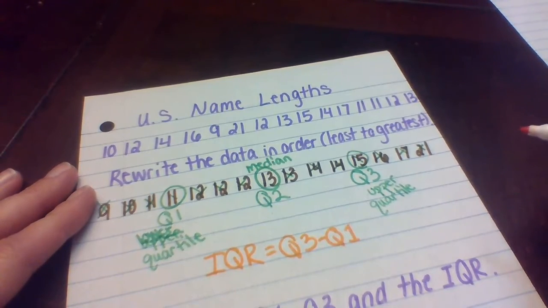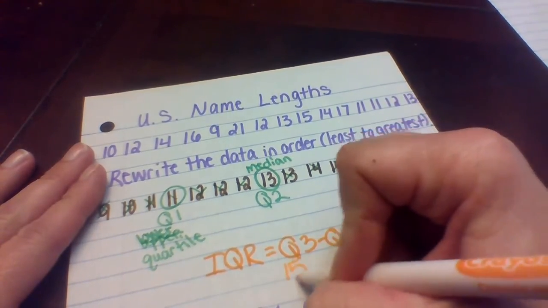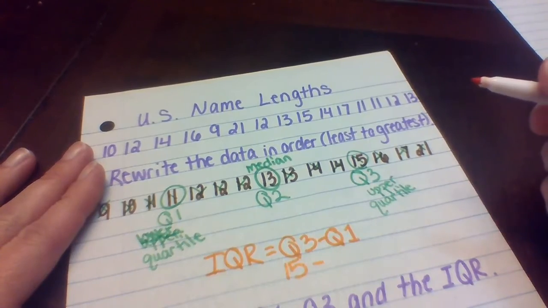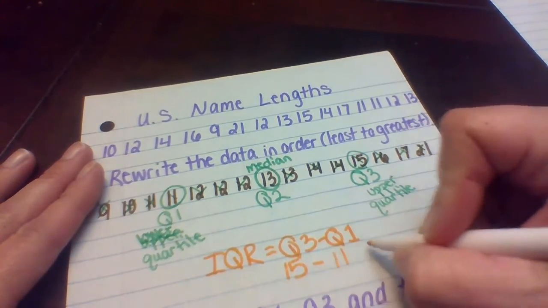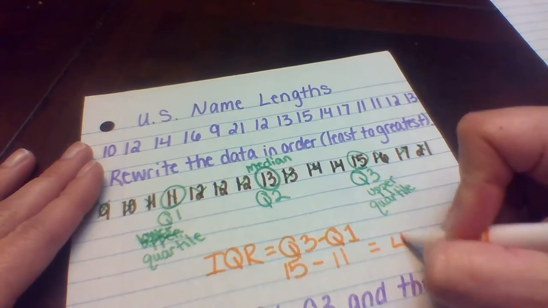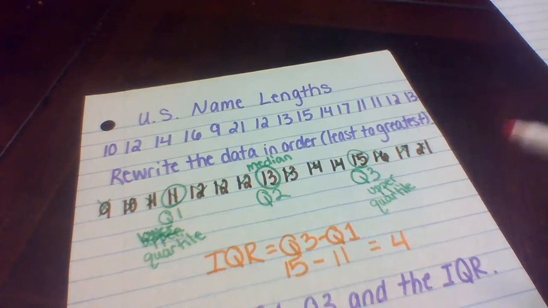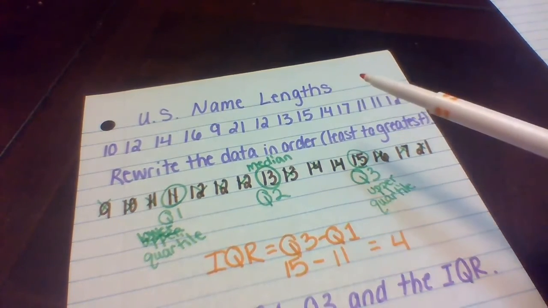So basically I'm taking the maximum of the quartiles. So Q3 is 15 minus Q1, which is 11, and subtracting them to get 4. So what this tells me this time is the range of data of the quartiles for US name lengths is 4.